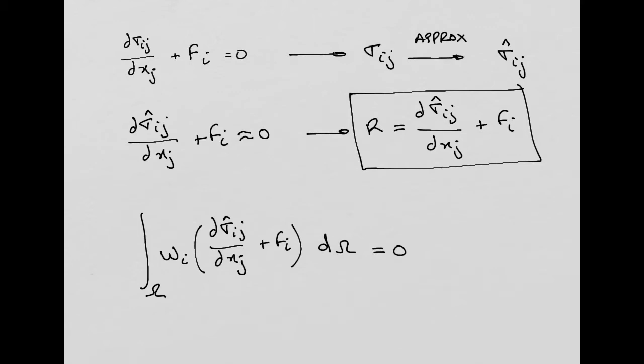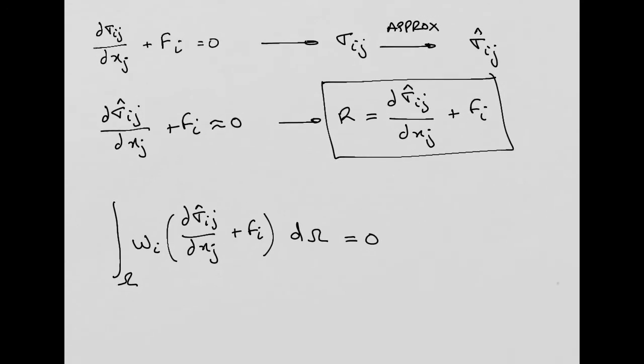There is one thing that I'm skipping here. We are getting the weighted residual for the domain of my problem, but we know in elasticity that we also have boundary conditions. For example, I might have a stress vector at some boundary.